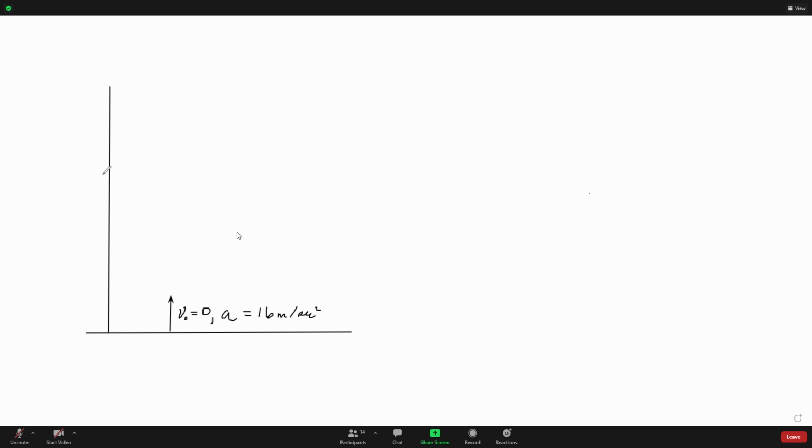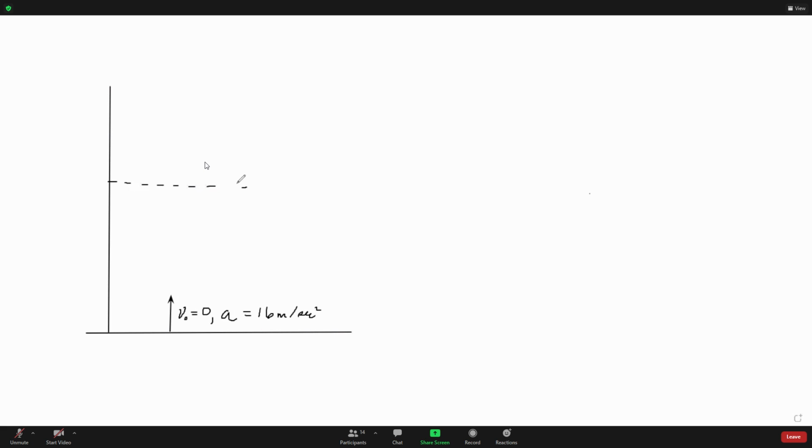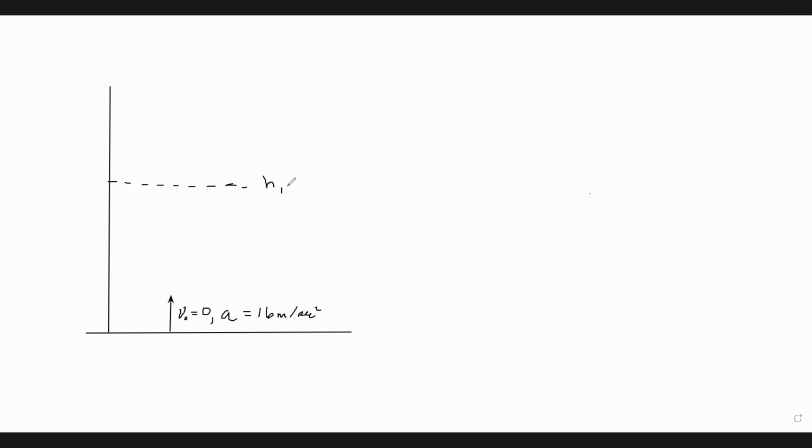It reaches some height, h1, and at height h1 we have what I'm going to call V1 upward.